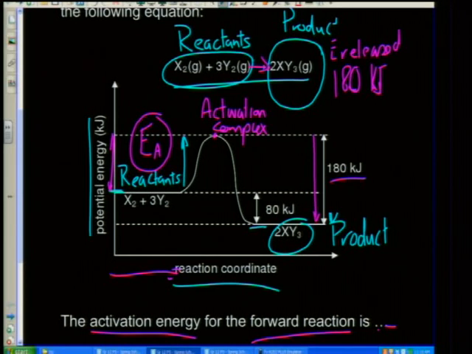But what are we told about this number here? Notice this is the difference between the reactants and the products. You should recognize that's delta H. Delta H is the heat of reaction, or the enthalpy. It tells us the difference between the product and the reactant.